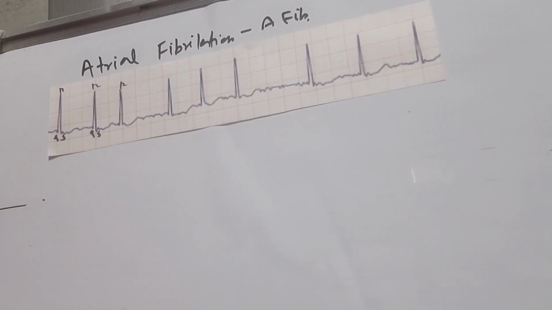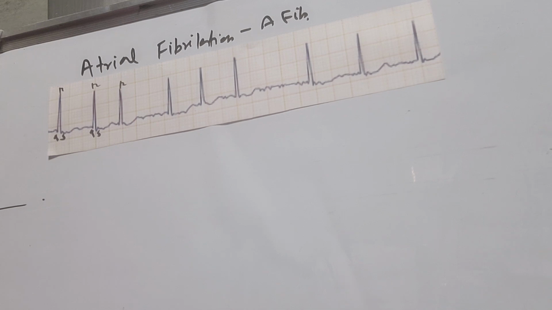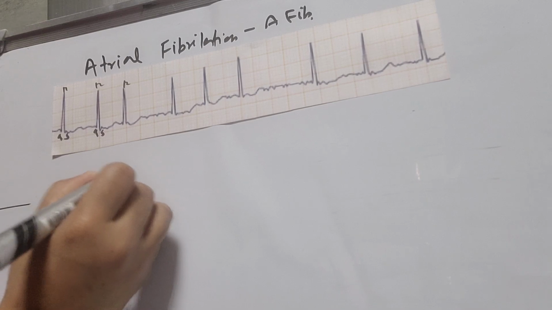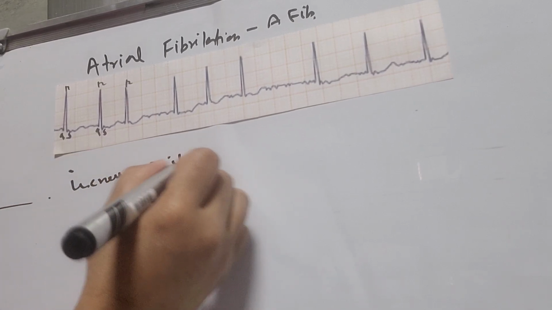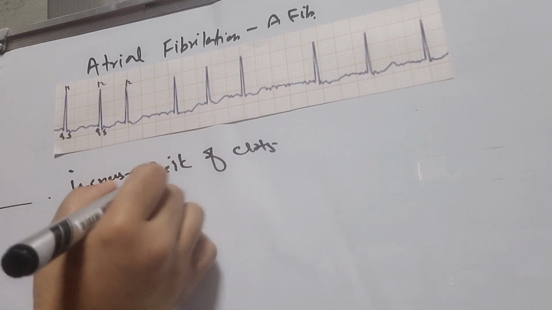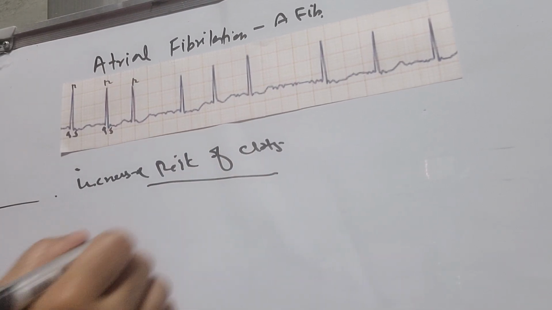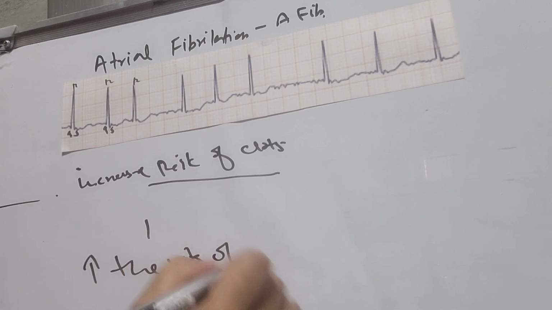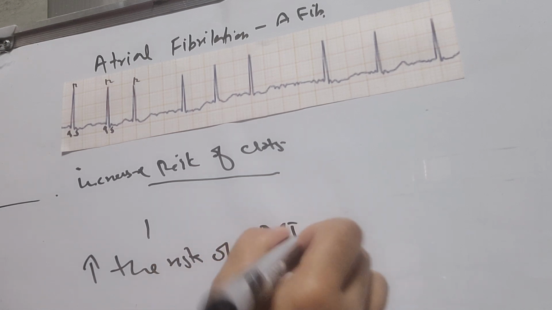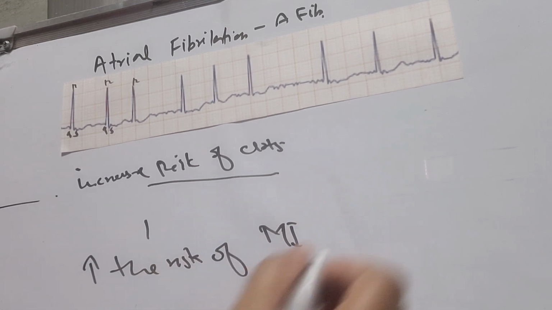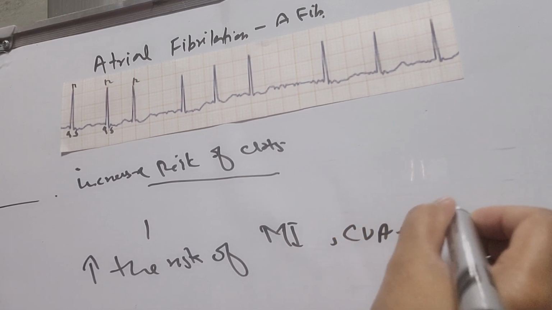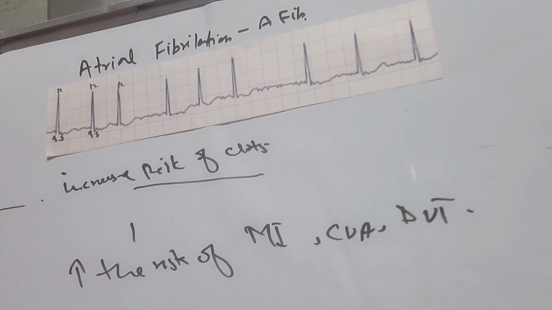If there is a risk of clots, what will happen? Increased risk of MI, myocardial infarction, CVA, or DVT, deep vein thrombosis.